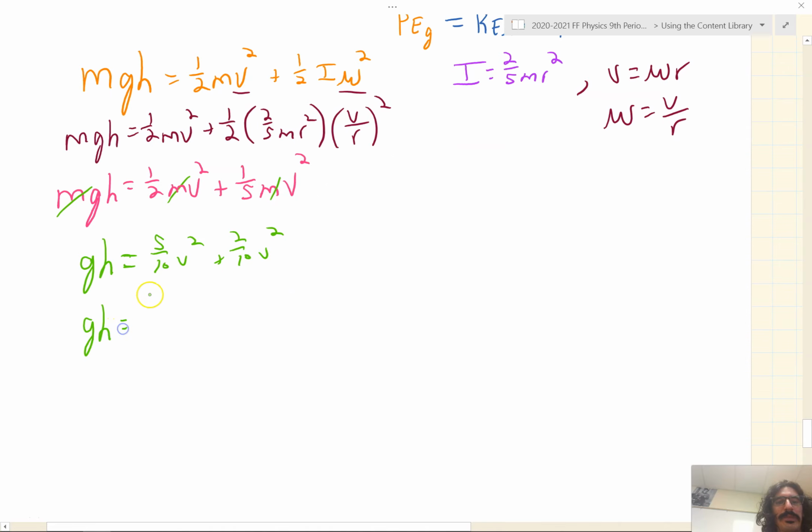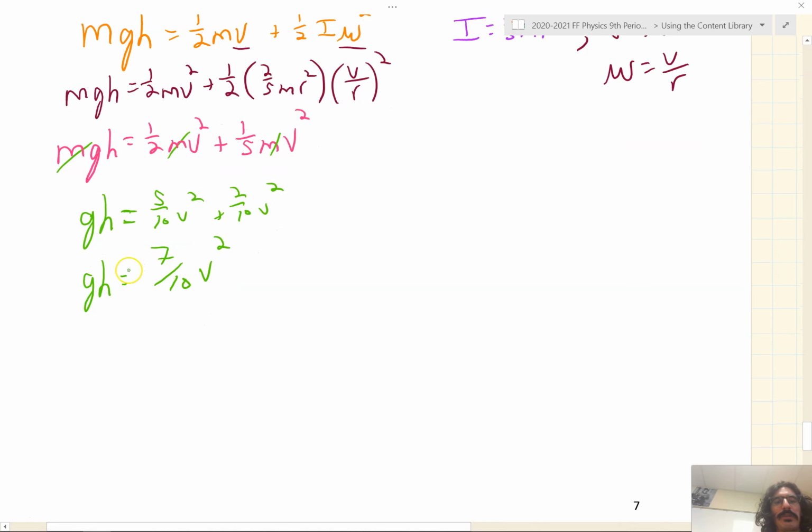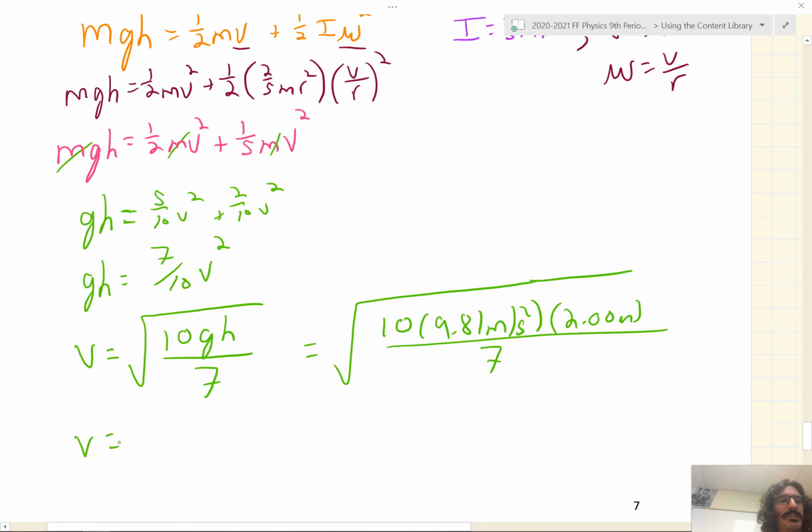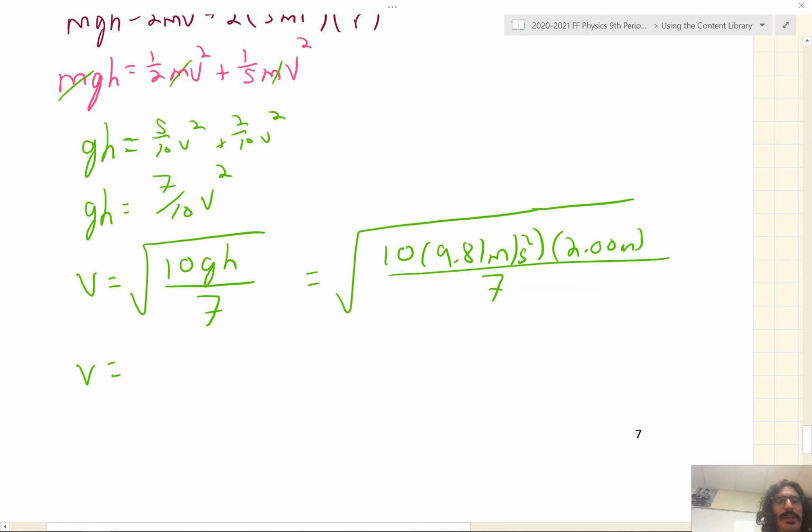So gh is going to equal 7/10 v squared. We're solving for v, so we'll multiply by 10 over 7 and then take the square root. So we get v is equal to the square root of 10 gh all over 7, which gives us the square root of 10 times 9.81 meters per second squared times a height of 2 meters all over 7. We get a velocity of the solid sphere to equal 5.29 meters per second.